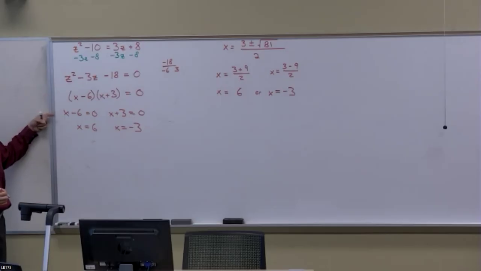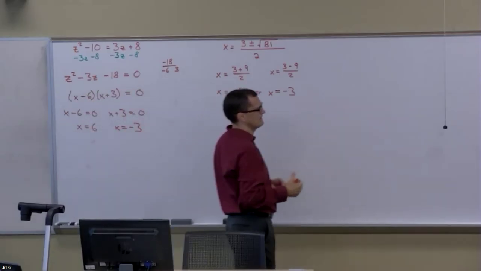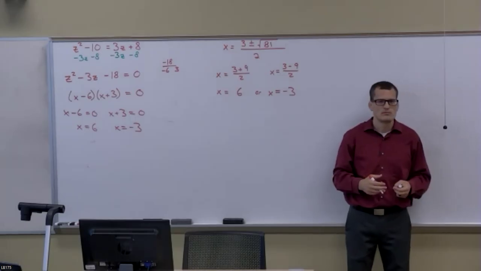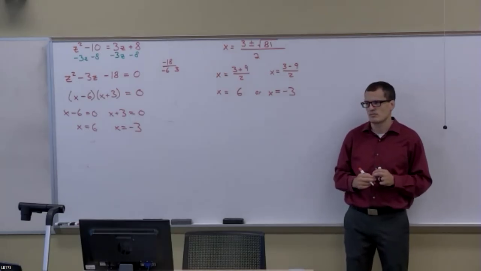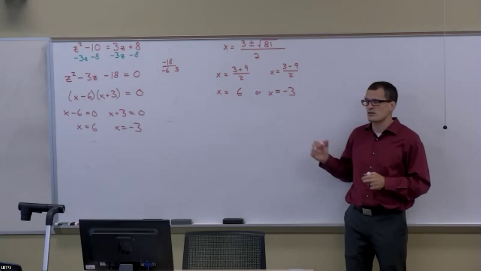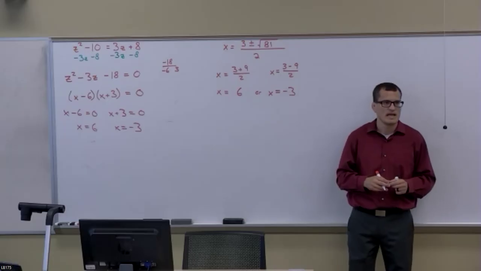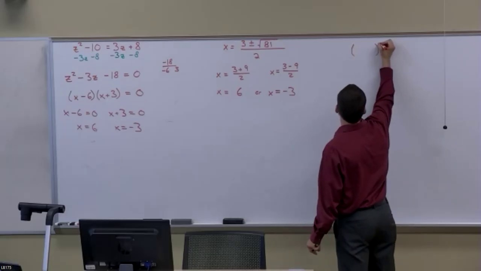Okay. With the complex solutions and the irrational solutions, factoring is not going to work. But when it does work, it's just quicker. And the same thing is true with that square root property.